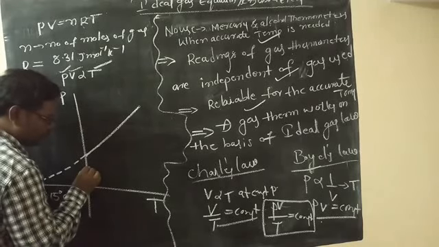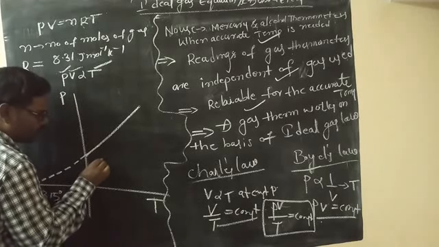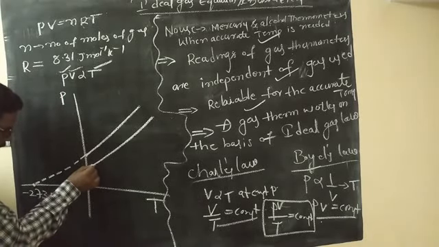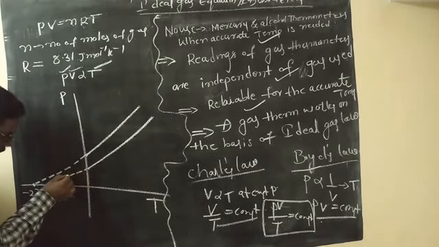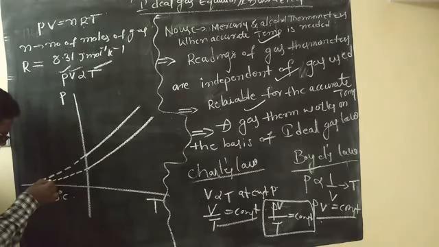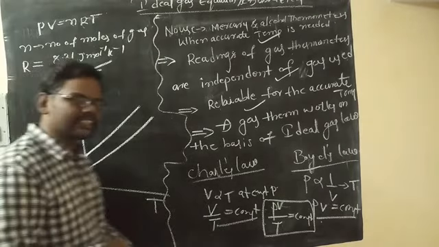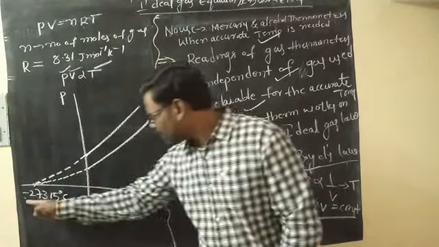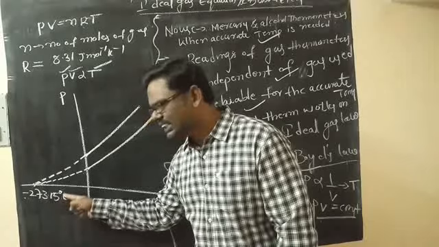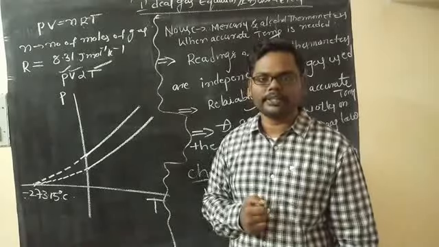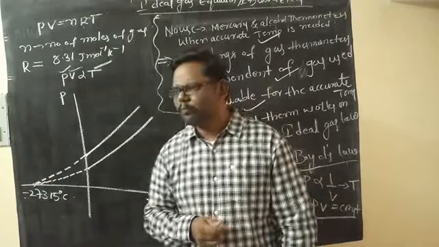This is also a low density gas, so we get a perfect straight line. If you extend this line towards negative temperature, it also meets at minus 273.15 degrees Celsius, and this minus 273.15 degrees Celsius was designated as 0 Kelvin by Lord Kelvin.